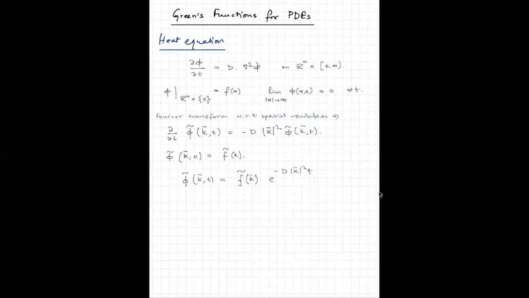And phi of x,t is going to be the inverse Fourier transform of the product of f tilde with this exponential piece. Okay, very good. So now what you need to remember is that the convolution theorem tells us that this is going to be the convolution of the initial data.